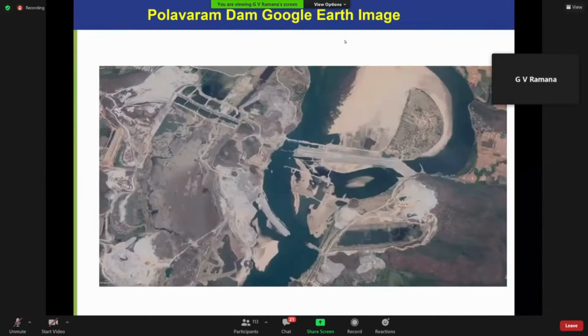This is a quick view of the Google Earth image of the Polavaram Dam project for those of you who can't travel. This is the river Godavari. This is the constructed upstream coffer dam in place as of today; the downstream coffer dam and spillway structures are partially completed. And this is the spill channel in which we are going to have some trouble because of the clay.